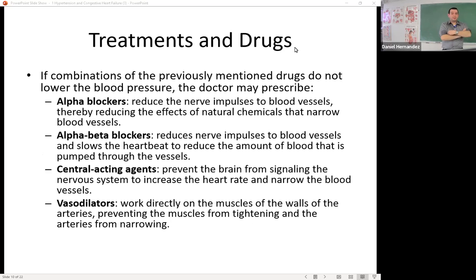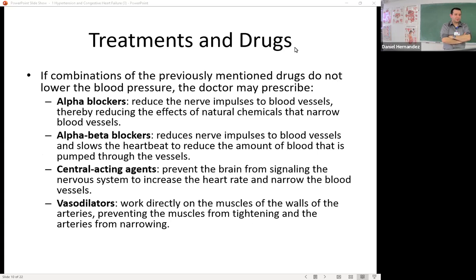Some patients might be on a combination of these medications. If the previously mentioned drugs do not lower blood pressure, doctors may also prescribe alpha blockers. These help reduce nerve impulses to the blood vessels and thereby reduce the effects of natural chemicals that narrow the blood vessels. You have alpha beta blockers.